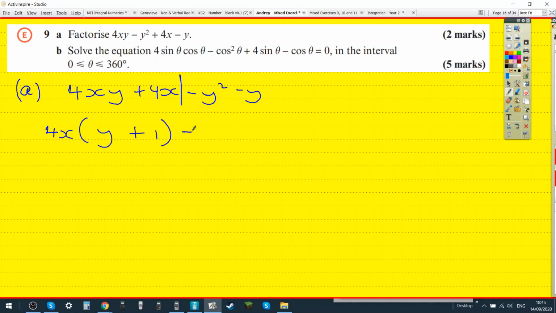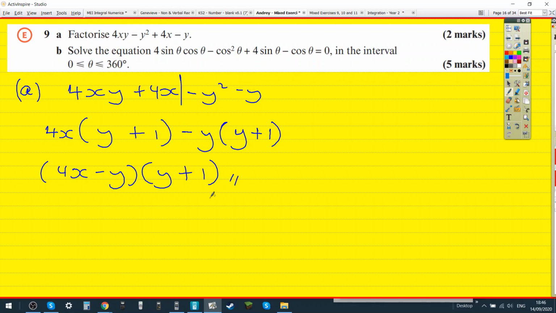Minus y, and then brackets y plus 1. Any idea how you can factorize it into double brackets? Do you need to do 4x minus y times y plus 1 squared? Just y plus 1. Okay. Yeah, they both have y plus 1 in common, and so you can do that.